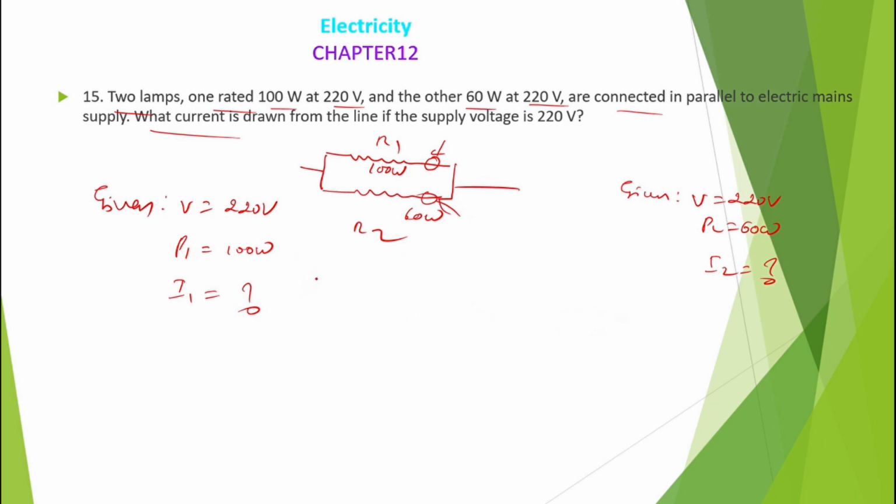Okay. So now R1 is equal to V square by P, where V square means 220 whole square divided by P1, 100 watt.